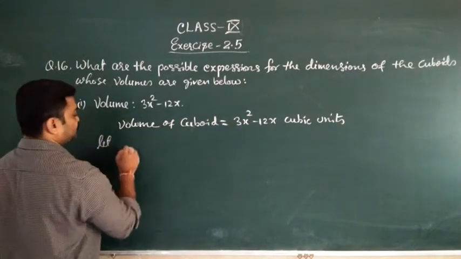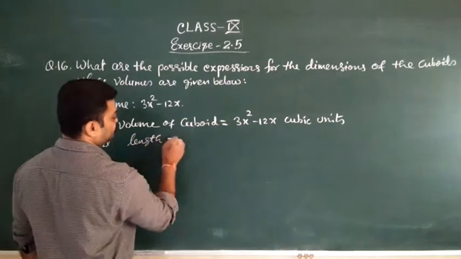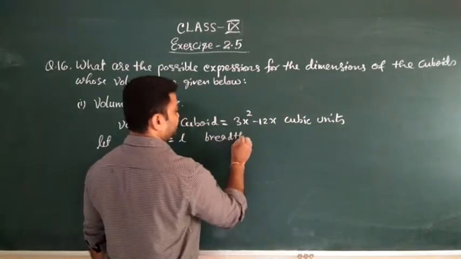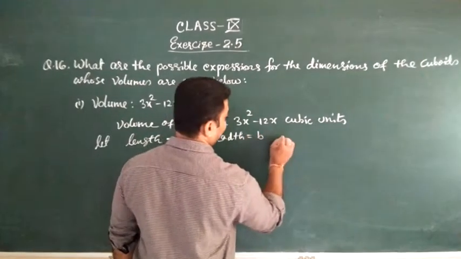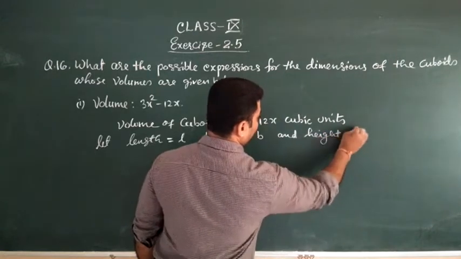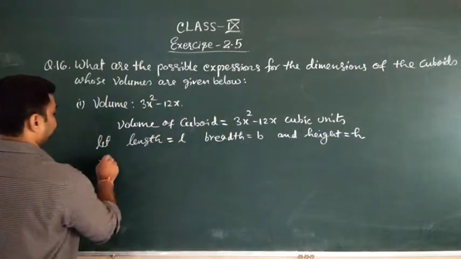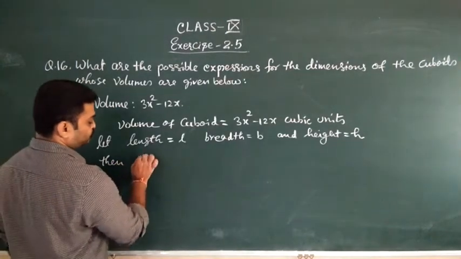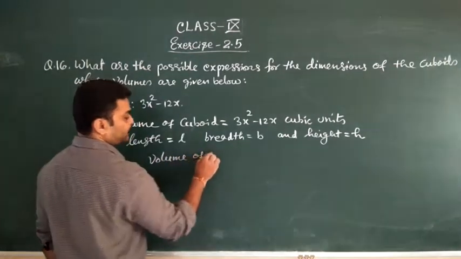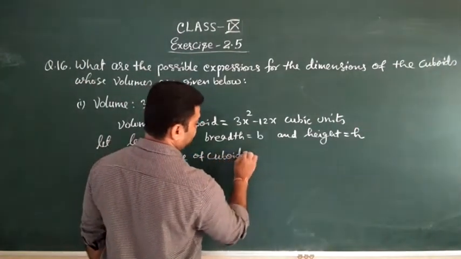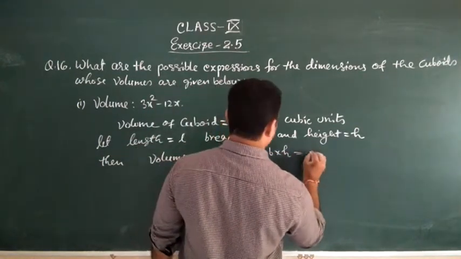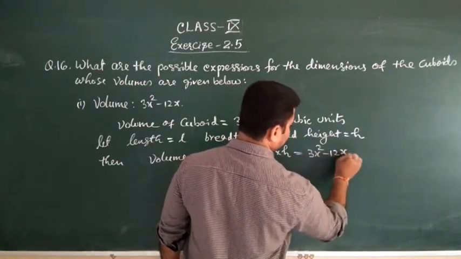Let length be equal to L, breadth be equal to B, and height be equal to H. Then volume of cuboid is equal to L into B into H, which is equal to 3x square minus 12x, as given.